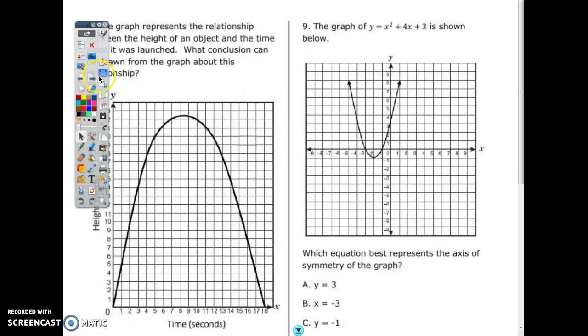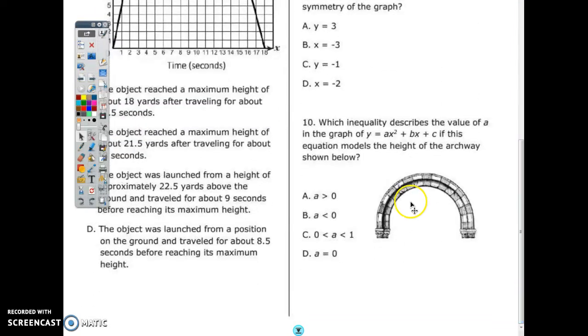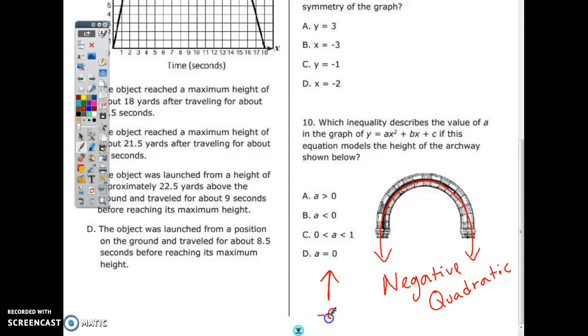So if we go look at problem number 10, this is also a negative quadratic. If you notice, it opens downward, right? Meaning it's a negative quadratic. So the a needs to be negative.